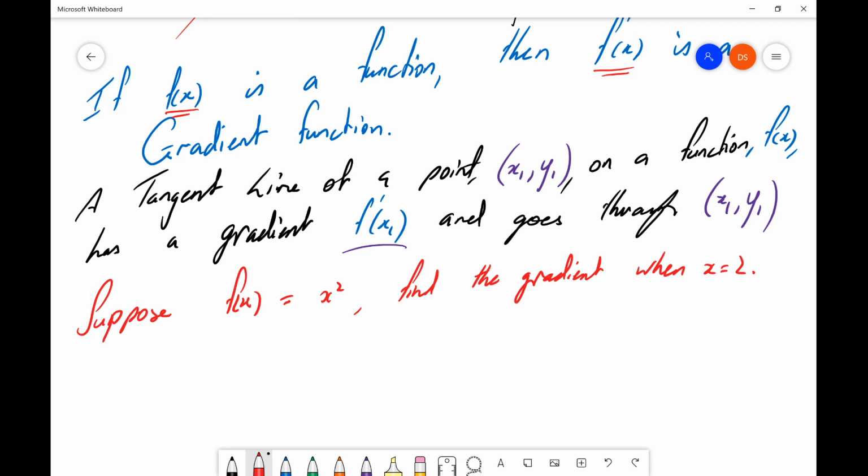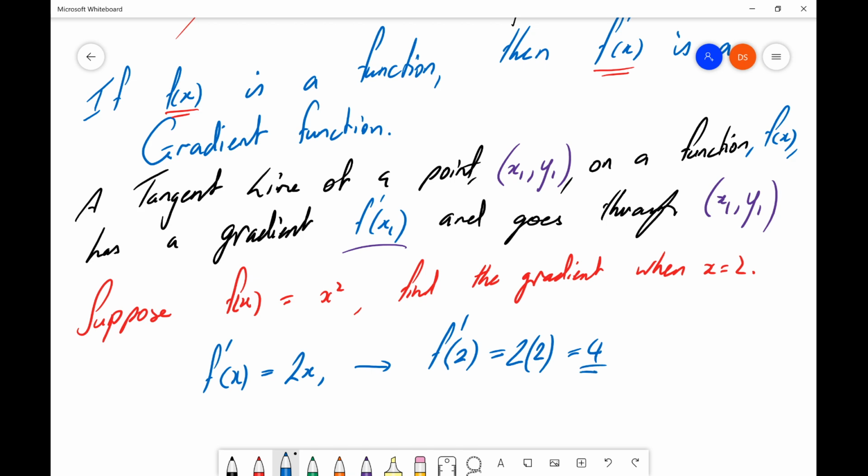All right, how do I do this? Well, I differentiate, 2x, and so now I want f dash of 2, which is 2 times 2, because I've replaced x with 2. And so my gradient is 4.